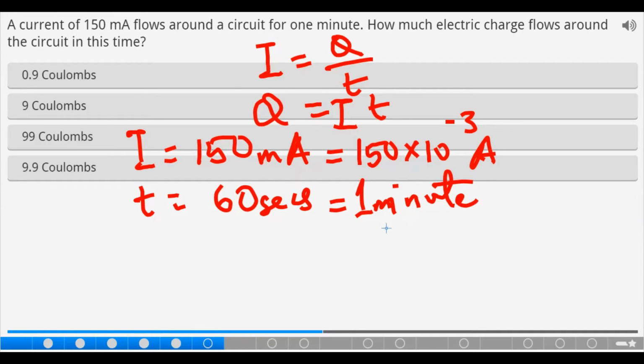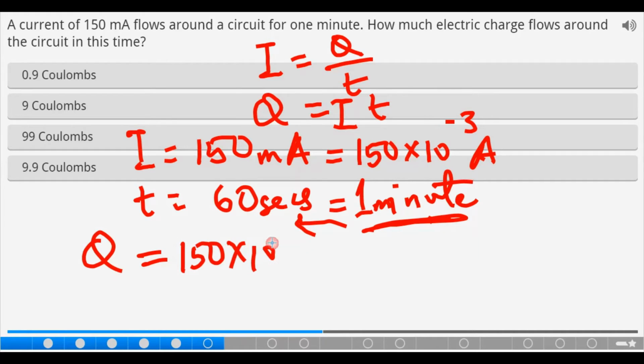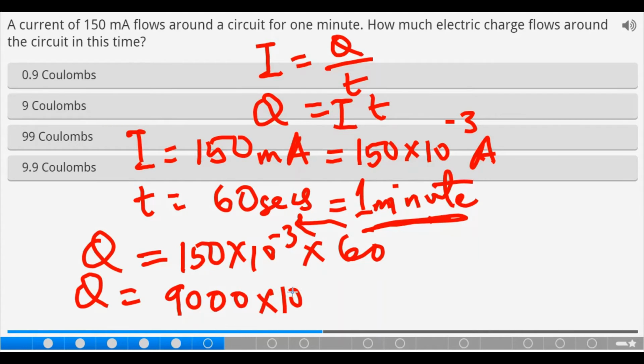That is standard. But here we are given 1 minute, which is converted to seconds. So our Q will now be 150 times 10 raised to the power minus 3 times 60. Now, Q is equal to, if you look at it, 15 times 6 is 90. Alright, there is a 0 here, there is another 0 there, multiplied by 10 raised to the power what?